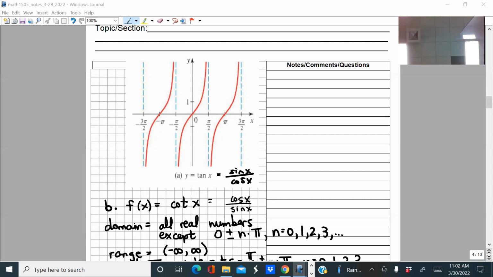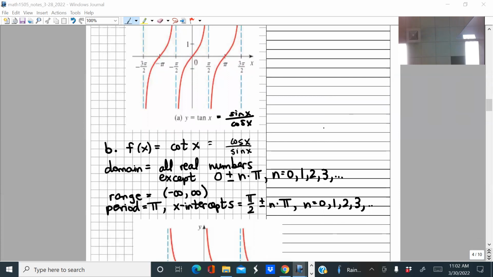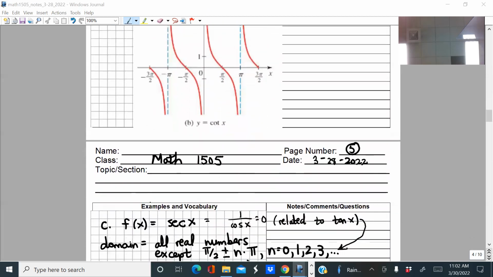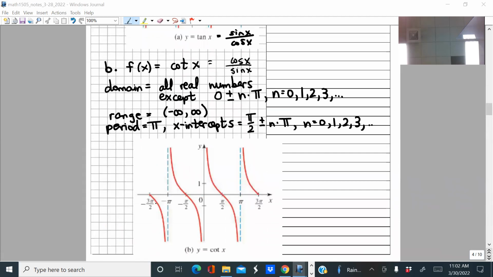I didn't write it down here, but I should have. Okay, the period for the tangent function is pi, not 2 pi, but pi. The tangent function repeats every pi units, and so does the cotangent function.